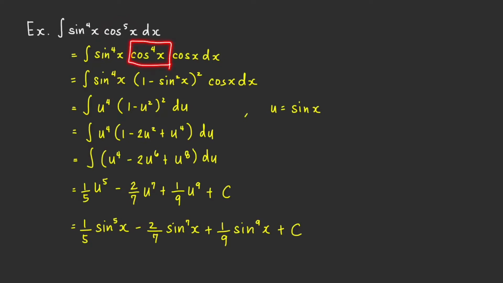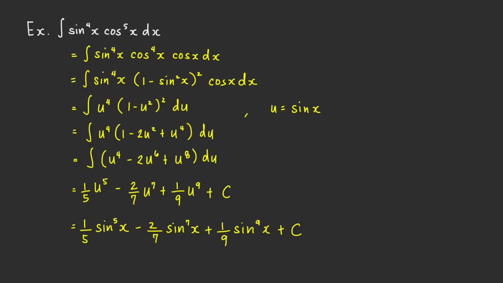Since this is an even power of cosine x, we can use the identity cosine squared x equal to 1 minus sine squared x. So this cosine raised to 4x is equal to the square of 1 minus sine squared x. This product can be written already as a sum of powers of sine x.